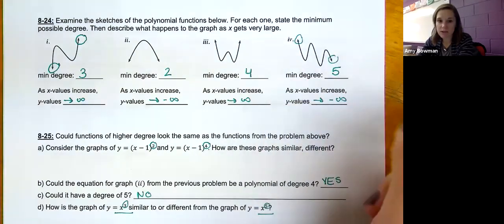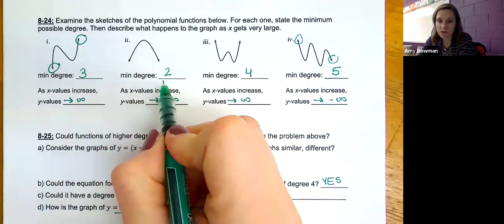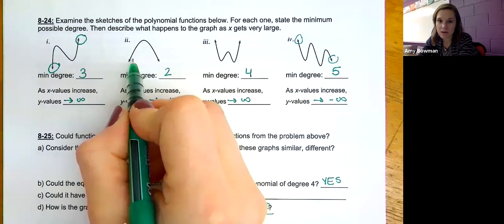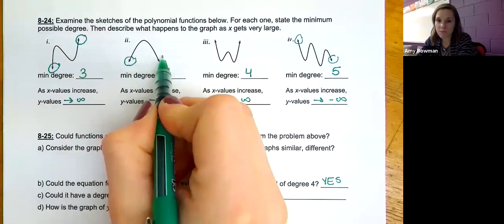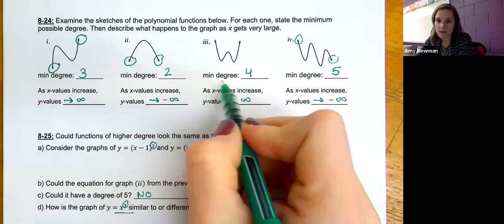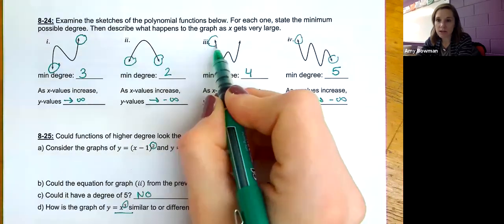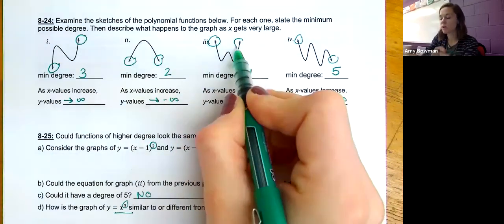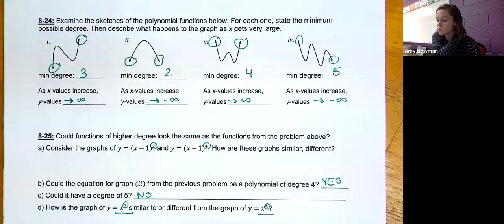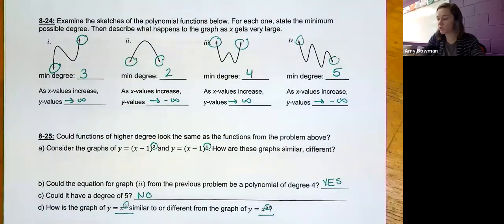Now let's look at the even degree. So minimum degree of 2, here's what the ends are doing. And then a minimum degree of 4, and here are the ends. So I want you to think before I just tell you what the pattern is, or what similarities I'm seeing between odd degrees, so 3, 5, 7, 9, or even degrees, 2, 4, 6, and 8.